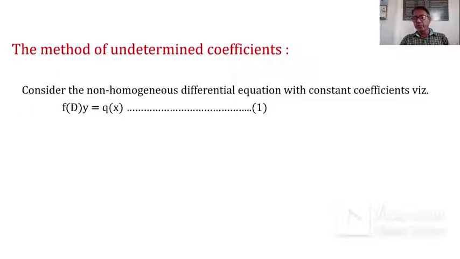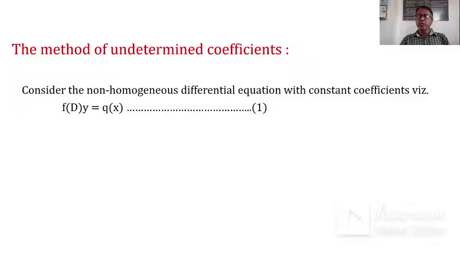If this Q of x is not the solution of a homogeneous linear differential equation with constant coefficient, then in that case we are unable to use this method, the method of undetermined coefficients.